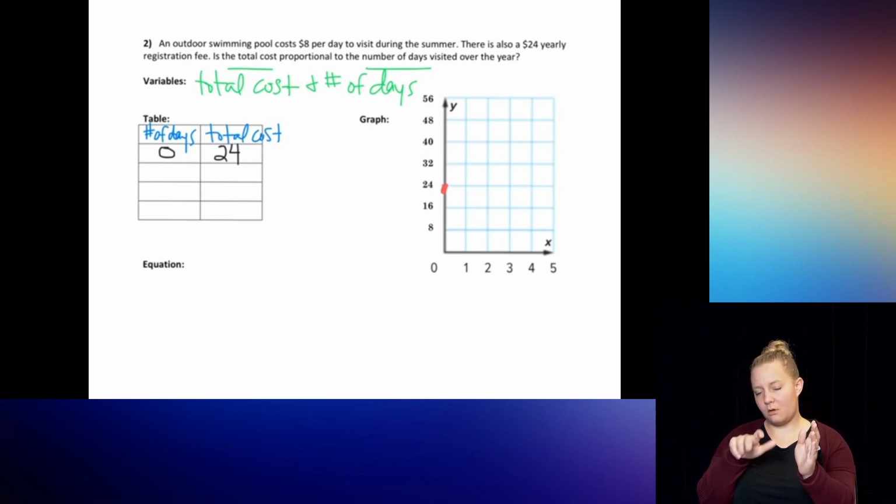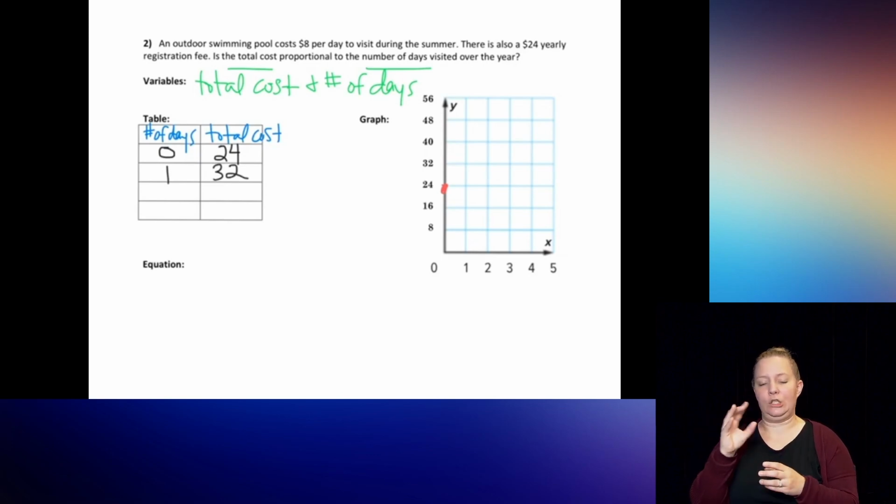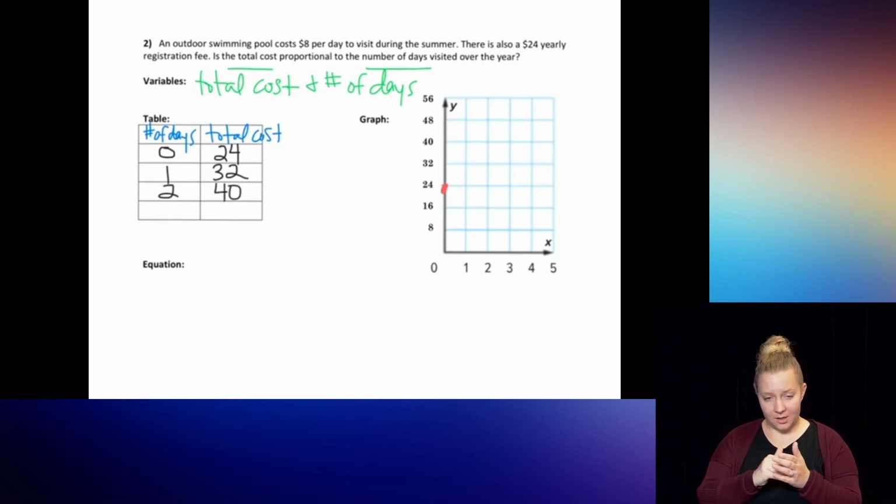If I go one time to the pool, then I did that $24 registration fee plus an extra $8, so I paid a total cost of $32. If I go twice, I had to pay the extra $8 again, so that would be $40. And if I go 3 times, then it's another $8 again, so that's $48.